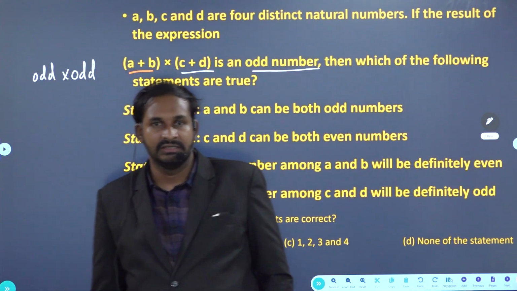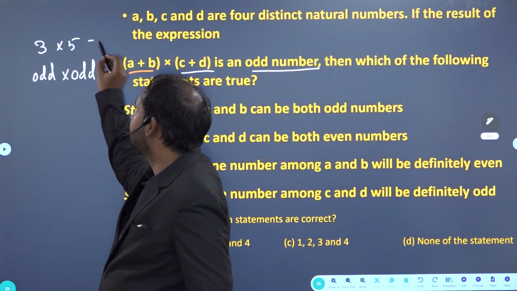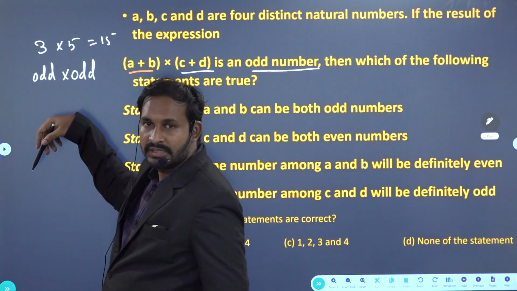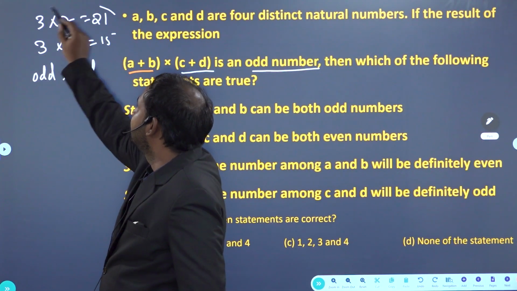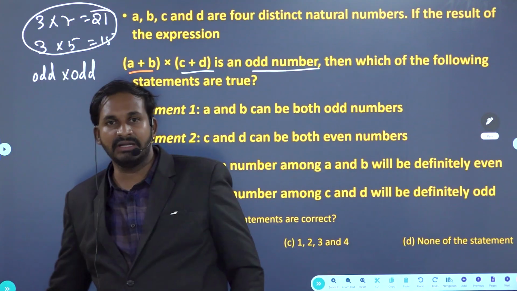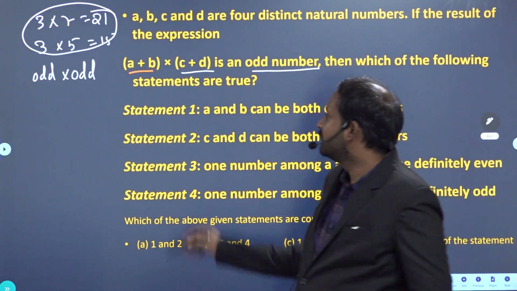Am I correct? See, 3 5s are 15. Next, 3 7s are 21. That means only when you multiply an odd number with an odd number will you get an odd number.